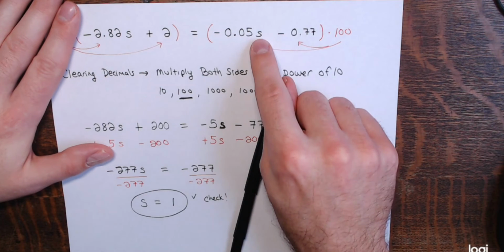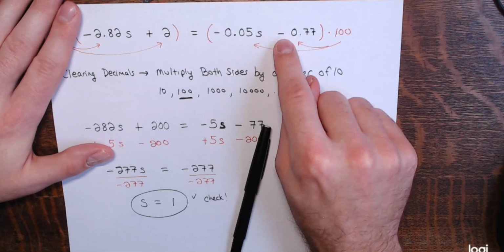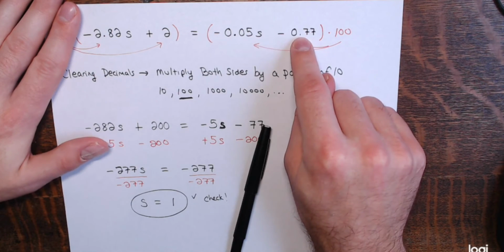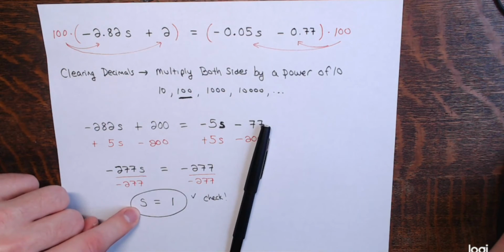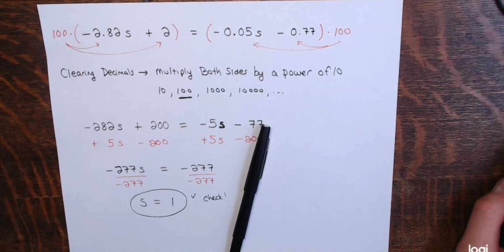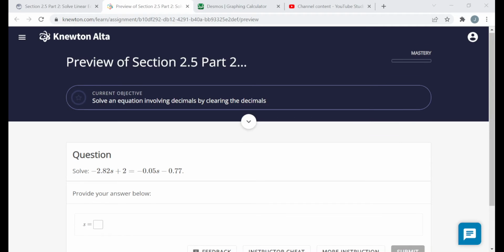And then over on the right side, negative 0.05 times 1 would be negative 0.05, minus 0.77 would also be negative 0.82. You'd have negative 0.82 on both sides, so this is a valid solution. And so, again, if you're really worried about things being correct, check your solutions. Go back to the original equation, plug in the value, see if it makes it a true statement.